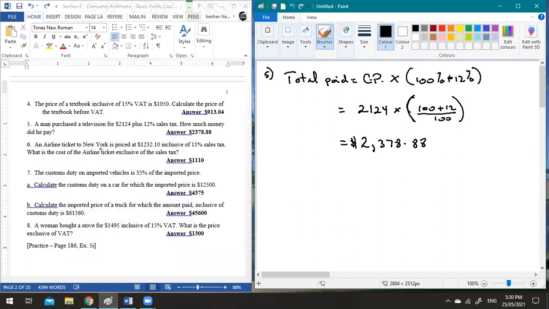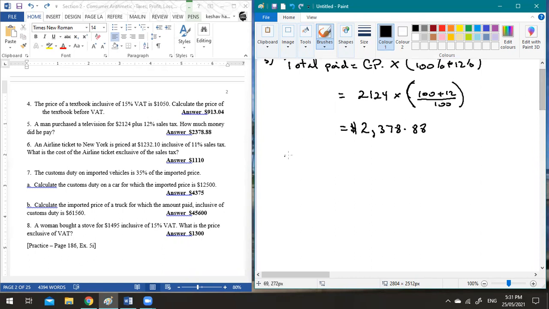So that's basically number 6. An airline ticket to New York is priced at $1,302.10, inclusive of the 11% sales tax. What is the cost of the airline ticket before this, exclusive of the sales tax? So the before price, the cost price.